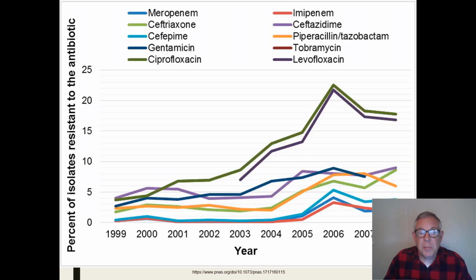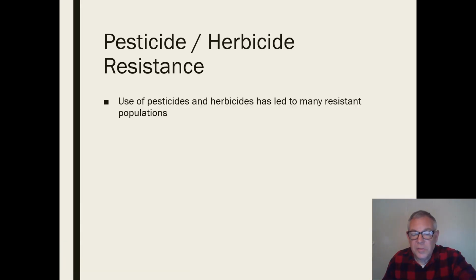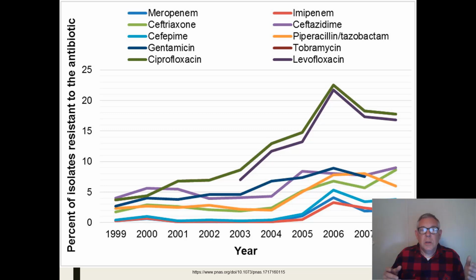Here's an example of several different kinds of antibiotics and the percent of isolates that are resistant to those antibiotics over time, and you can see a clear upward trend. Again, it's not hard to imagine how this happens. If you've got an outbreak, if you've got someone who's sick, and there are lots of these bacteria in their body, you give them an antibiotic.